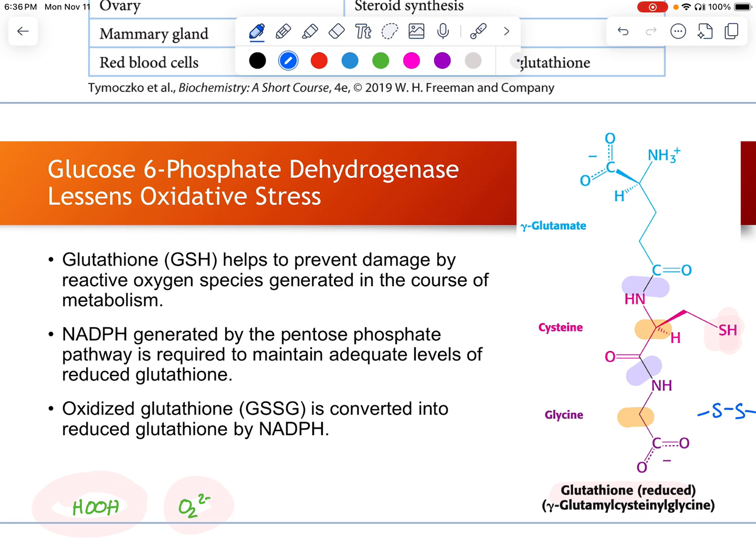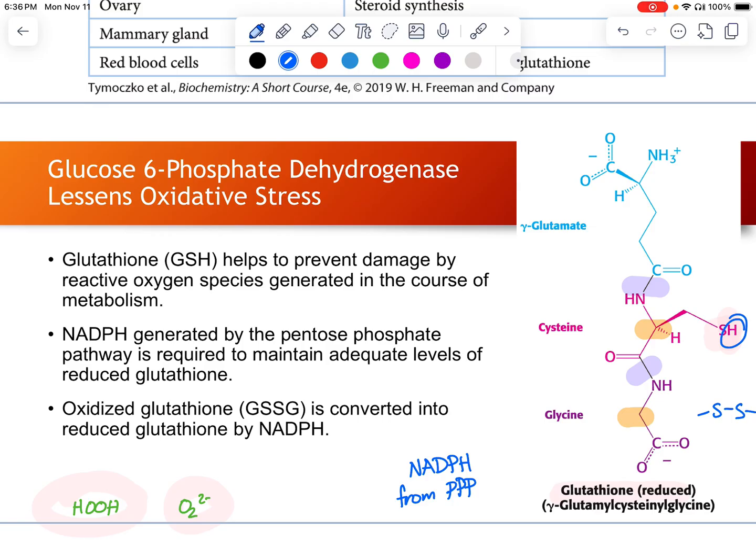We need to get those electrons back. And what provides those electrons is that NADPH. So that NADPH that we get from the pentose phosphate pathway is what provides those electrons.